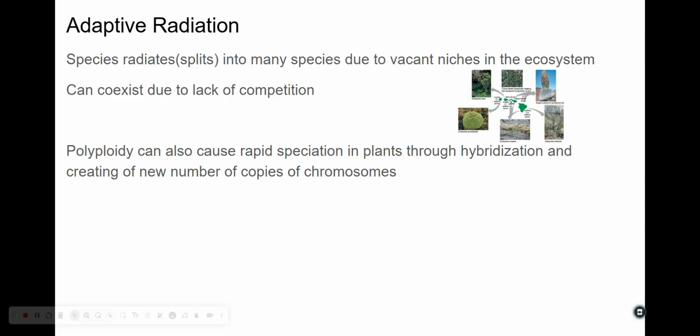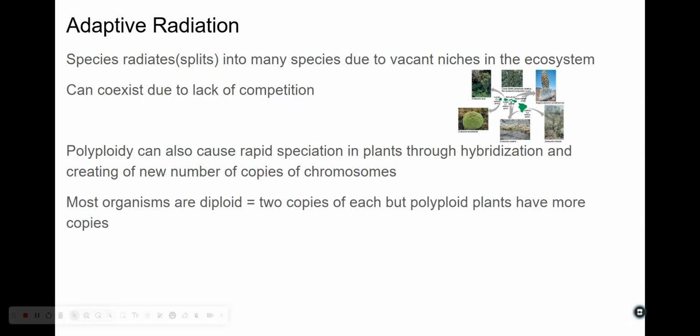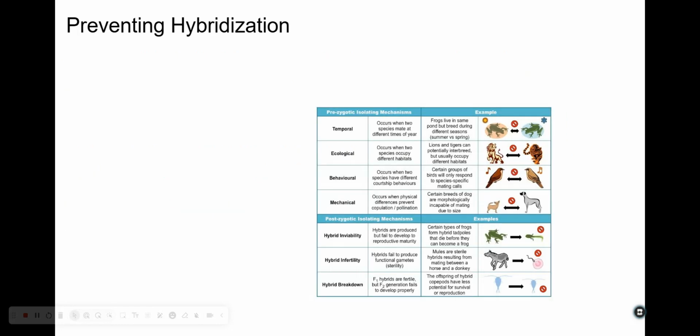So they can have 4 copies of each chromosome. They can have 6 copies, 8, 3, and those are all polyploids, and so they rapidly speciate, and this happens partially because plants can asexually reproduce and then form these hybrids. So most organisms are diploid, but polyploids have more copies.